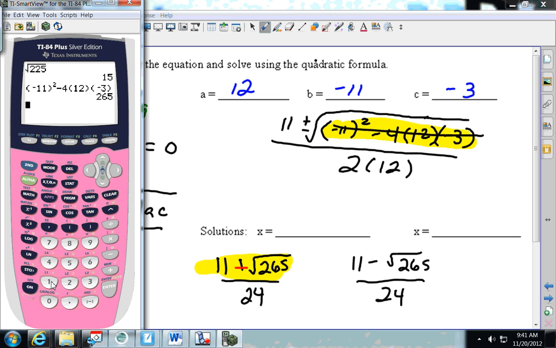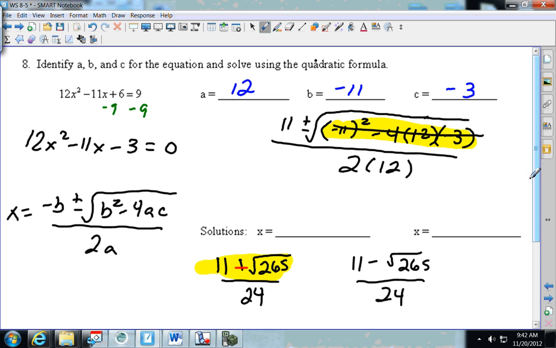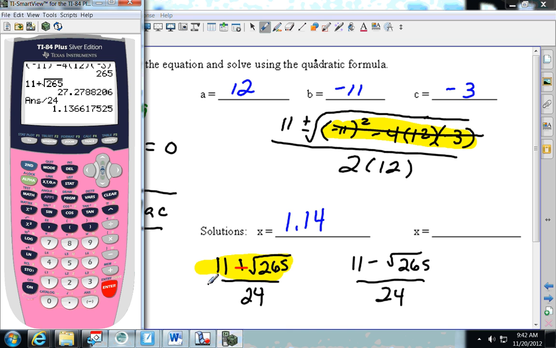Now I have 11 plus the square root of 265, press enter, divide by 24. There's one of the answers. It's 1.14. Now I go and do the other one.